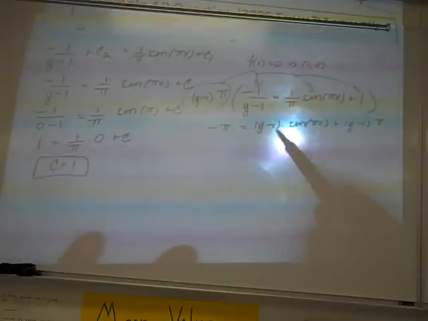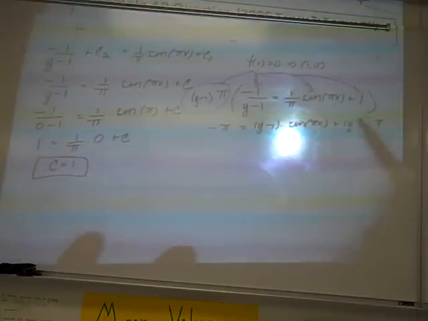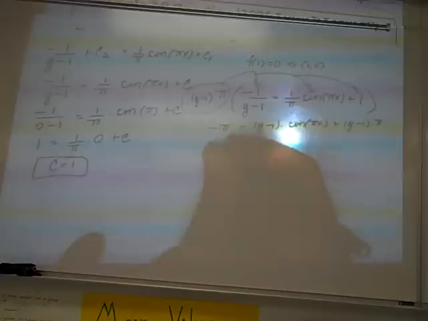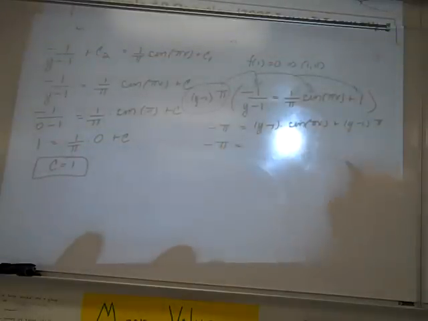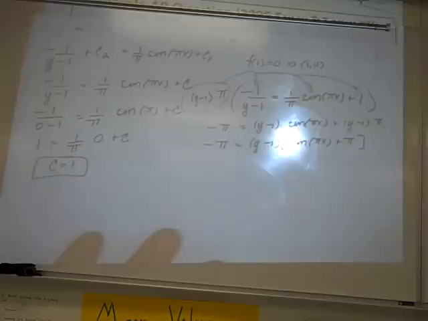Okay, I want to solve it for y. I see y minus 1 over here. I see y minus 1 over here. We can get negative pi equals, I'm going to factor out the y minus 1. When I factor out the y minus 1, I have sine pi x plus pi. Well, that's not so bad. Solve it for y. I'm going to divide both sides.